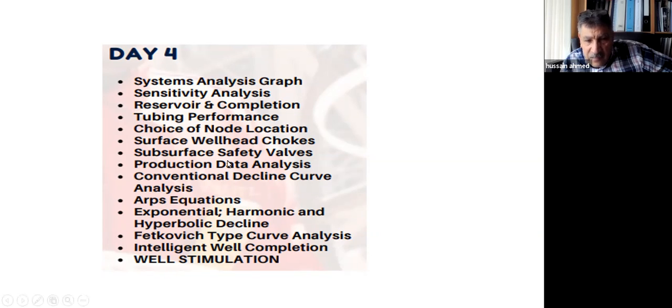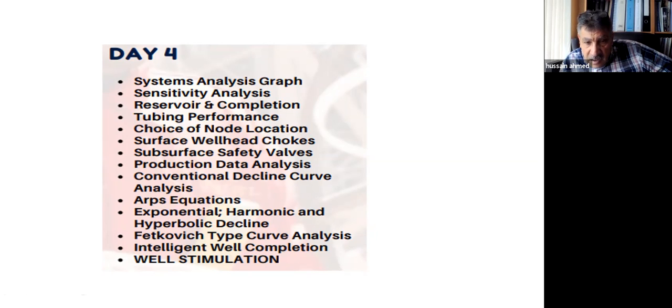How we analyze the production data. Production data are flow rate, pressure, GOR, water oil ratio, water cut, pressure depletion with time and pressure depletion with radius, the location of the pressure within the pay zone. We will analyze that as well.